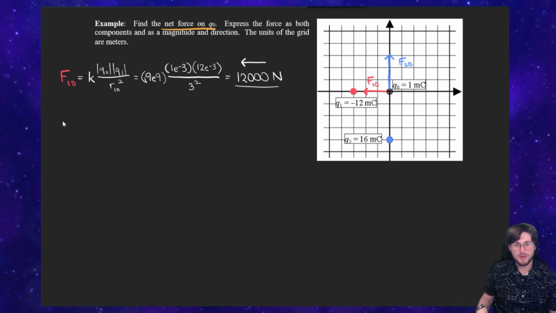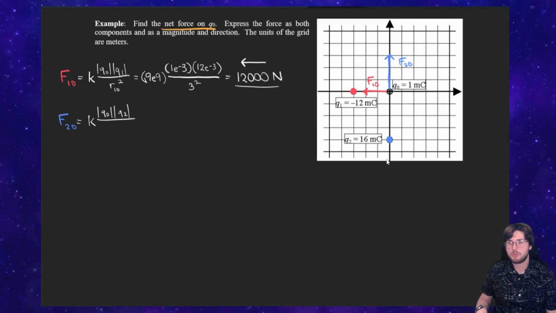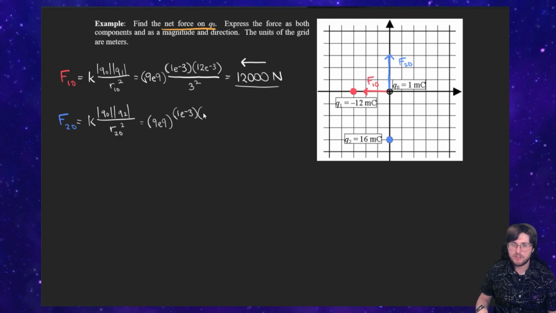It's worth noting. All right, so now we're going to do F20. So over here, it's going to be K times Q0 times Q2 divided by the distance between them squared. So that'll just be R20 squared. And then same thing. So 9 times 10 to the 9 times our Q0 charge, which is 1 times 10 to the negative 3, times Q2, which is 16 millicoulombs, 16 times 10 to the negative 3.